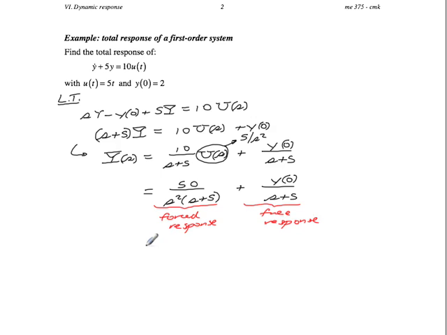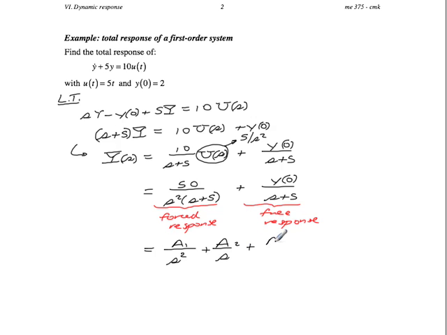So from what we know about doing our inverse Laplace transforms, we get partial fraction expansion of the first part of a1 divided by s squared, a2 divided by s. Those two terms are there because we have that repeated root of s equal to 0.